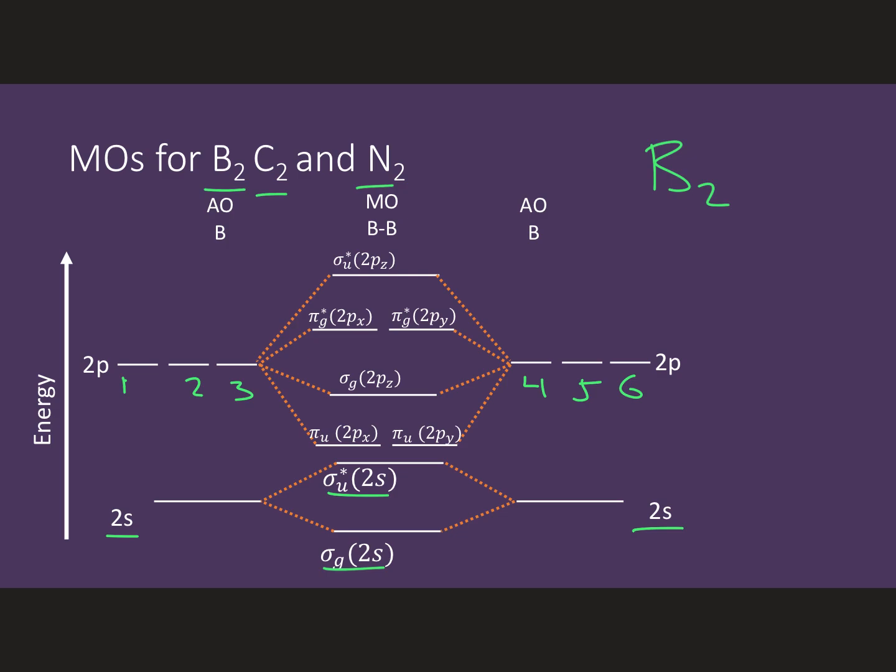So, all right, now we're looking at those p orbitals. And this is where some of the nomenclature is going to get a little bit more confusing here, but we'll get to understanding this more when we deal with symmetry, because now we're going to see that we have some new labeling here where I have these pi u orbitals, I have pi star g orbitals that are showing up here.